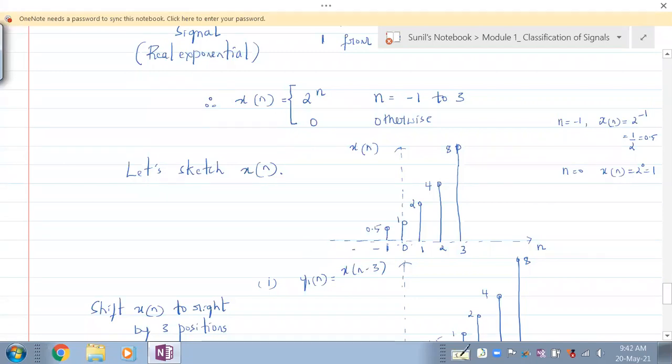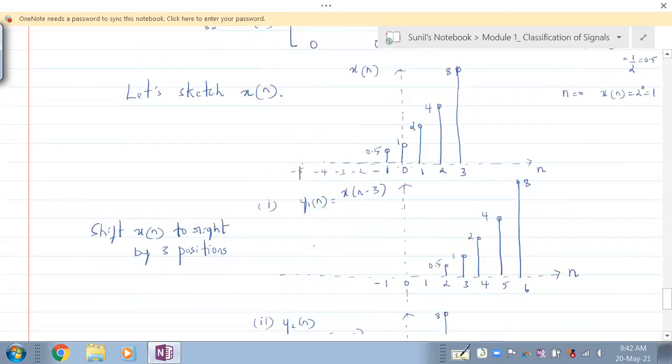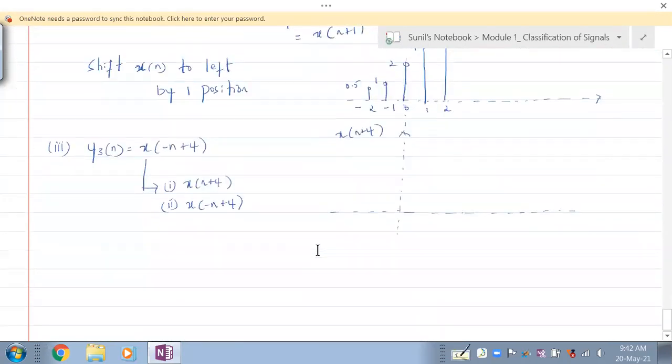Just for your reference, this is -2, -3, -4, -5. So we need to shift it to the left by 4 positions. 1, 2, 3, 4. So now it starts at -5. So that we shall write first. You have 0, -1, -2, -3, -4, -5.